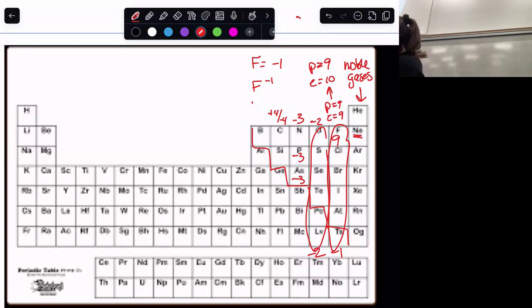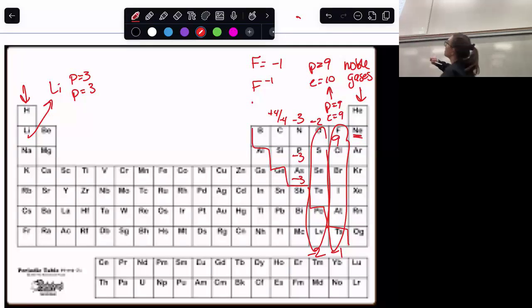When we talk about group 1, how far away is that element from a noble gas? Why do you say one? You can go backwards, right? Lithium is element number 3. So it has 3 protons and 3 electrons.